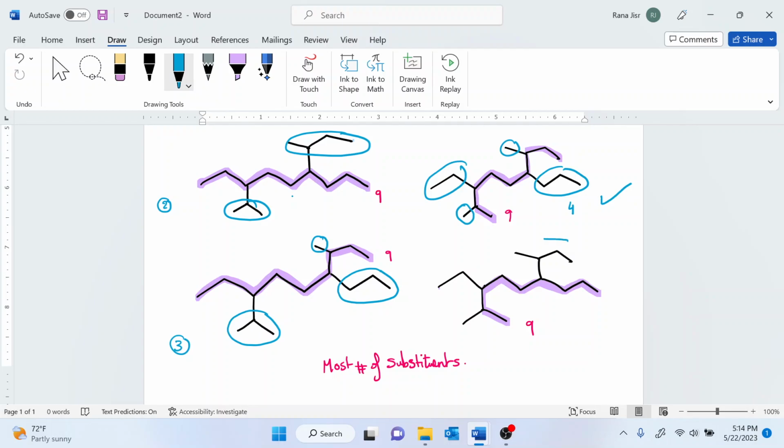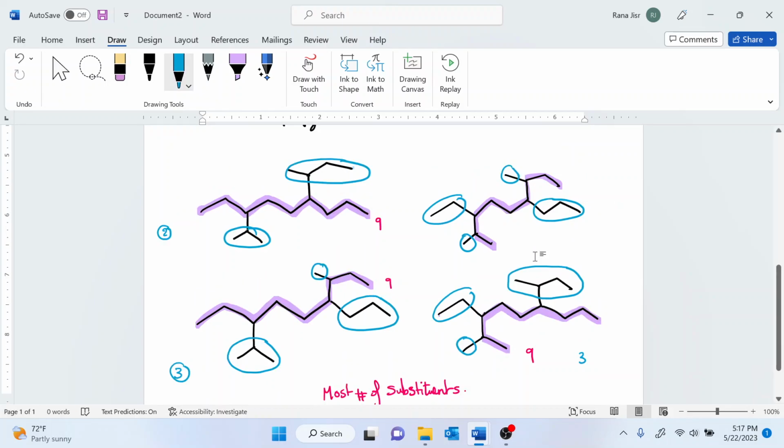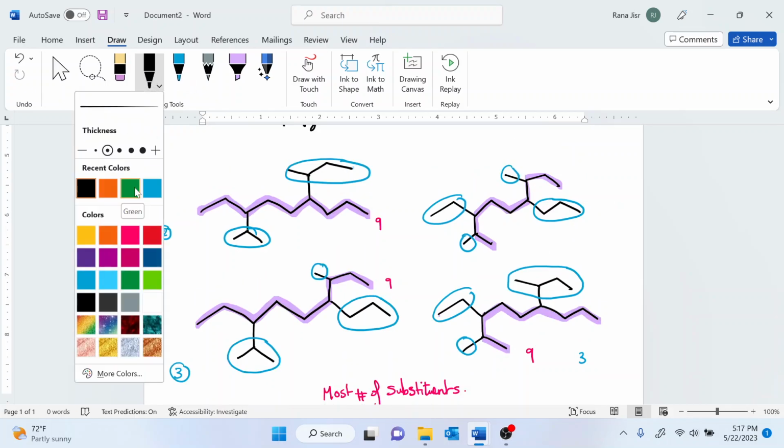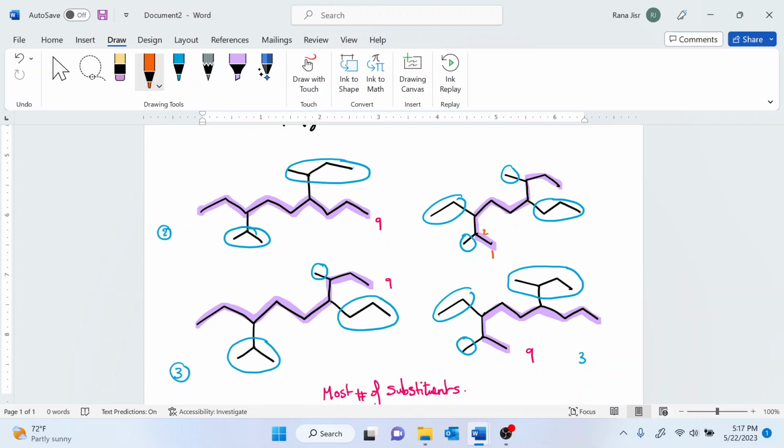And in this route I'm going to end up having a bulky substituent here, and so this is going to be three substituents. So out of the three choices, I'm going to pick this route that gives me the highest number of substituents. So in order to name this now, I'm going to start by numbering the chain closest to my first substituent.